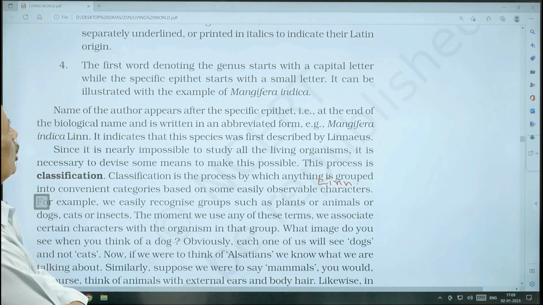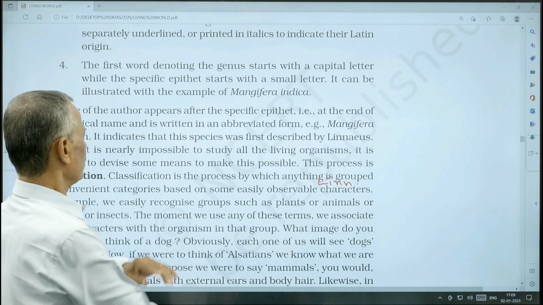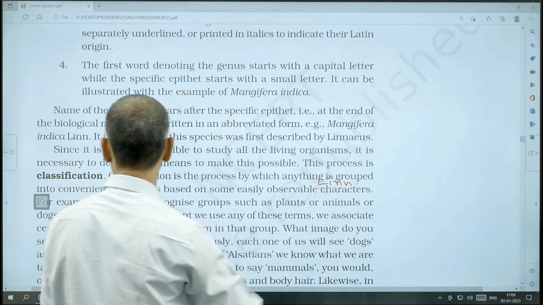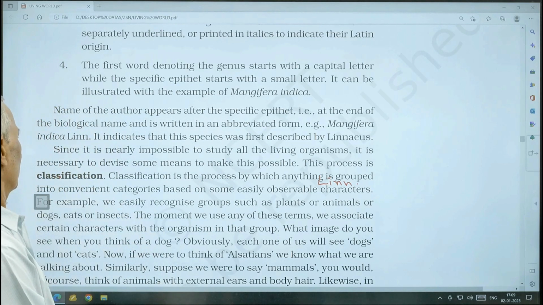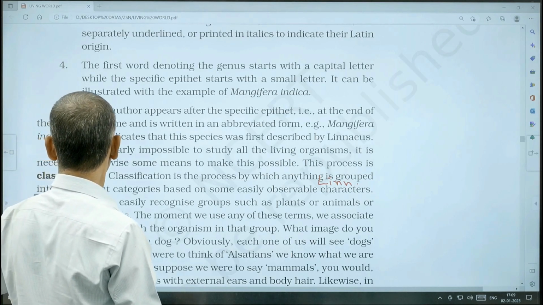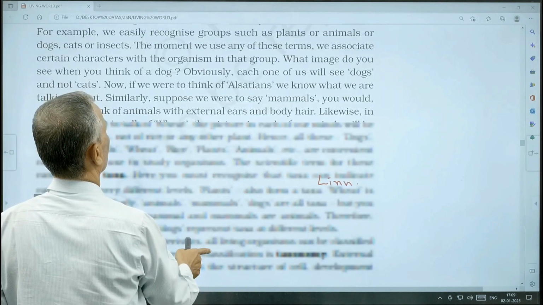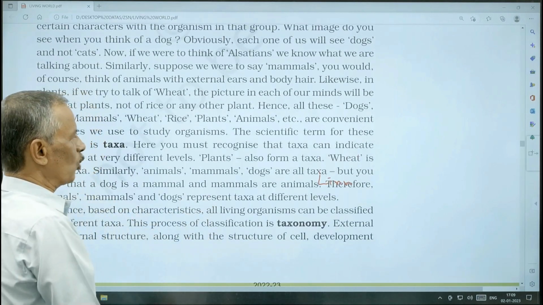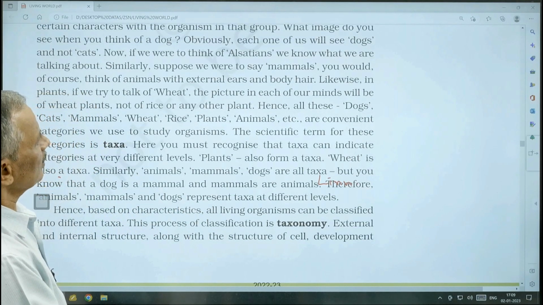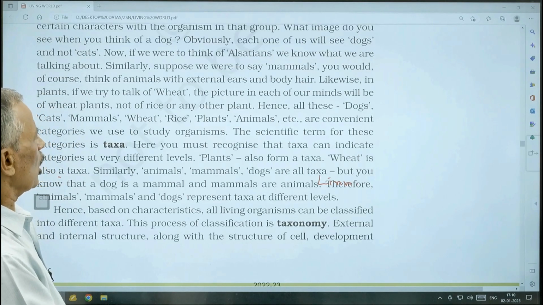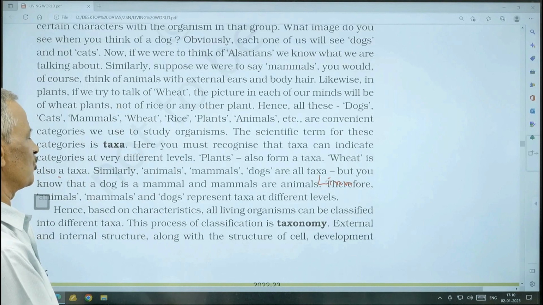So, as I told you earlier, we have to classify organisms. Classification is a process by which anything is grouped into convenient categories based upon some easily observable characters. These characters are easily observable characters, and these classes or groups belong to different levels.